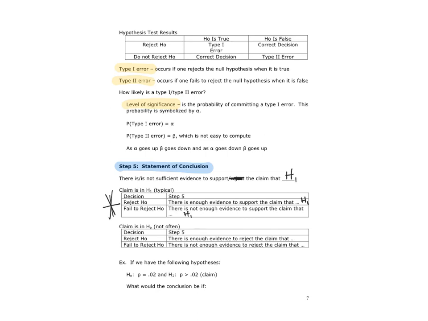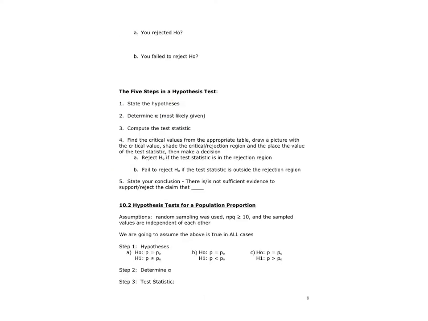Assume we have the following hypotheses. Our null hypothesis is that the proportion equals 0.02, and the alternative, the proportion is greater than 0.02. So that's our claim. What would be our conclusion if we rejected the null hypothesis? Again, I'm going to rewrite those null and alternative. Our null was that P equals 0.02. Our alternative is P is greater than 0.02.